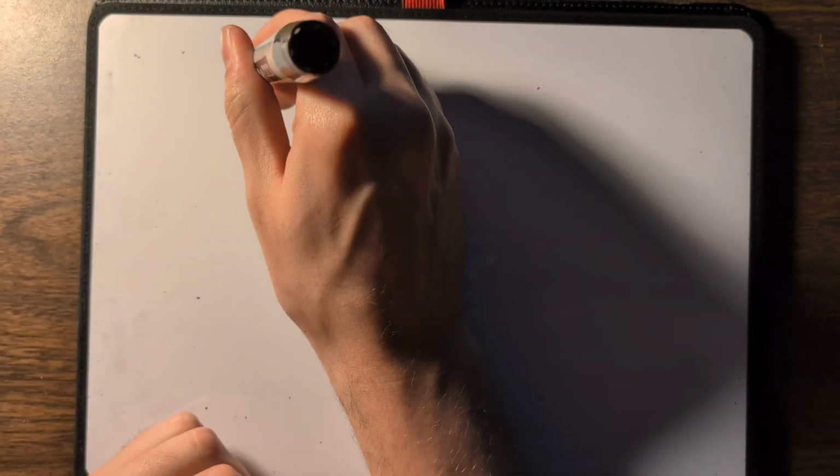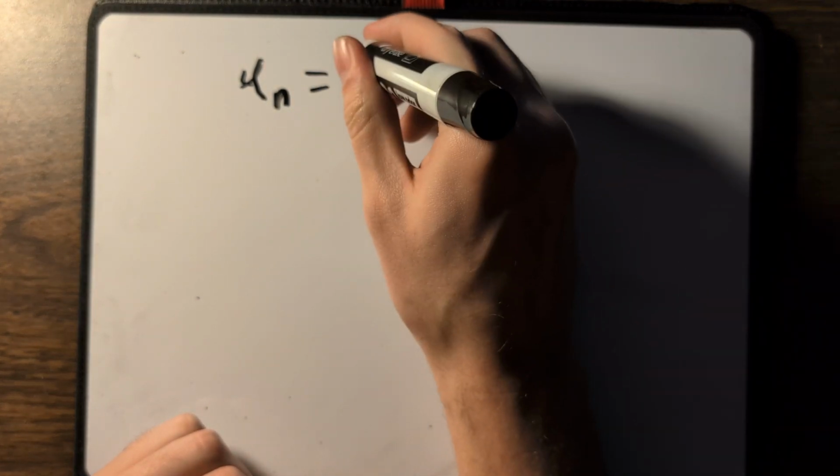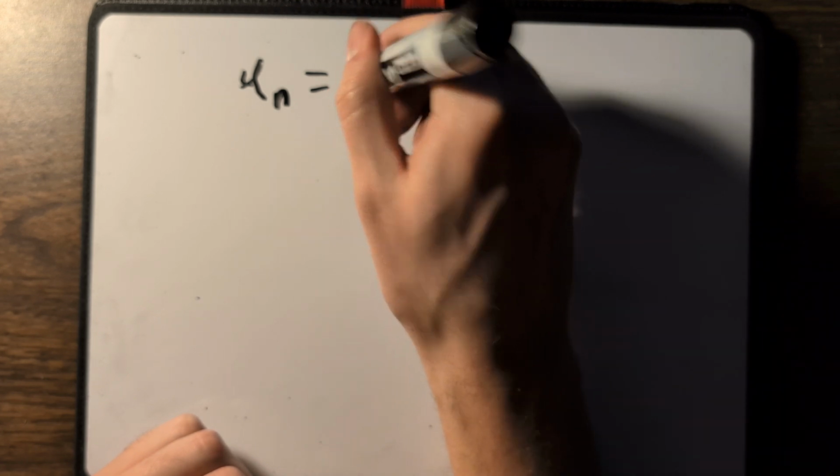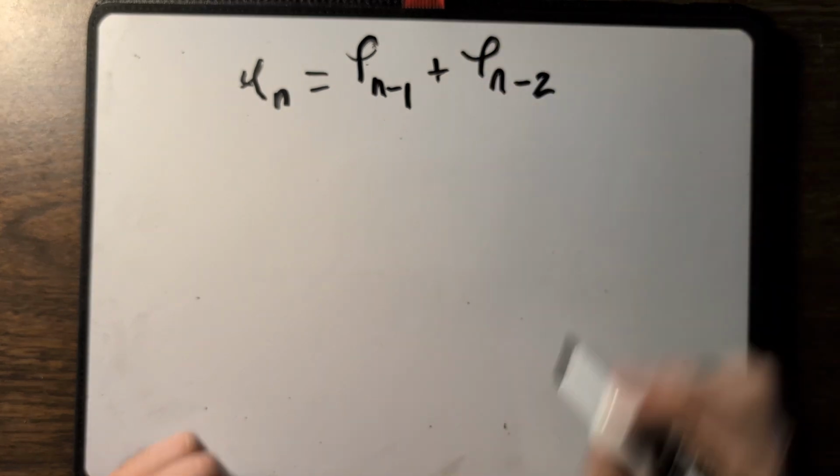As a last point to this video, I will also admit that there is a mistake in the first Fibonacci sequence video. If you spotted it, kudos to you. I claimed that the golden ratio numbers follow the pattern of the Fibonacci sequence by changing the initial b value. Well, that would imply that phi n equals phi n minus 1 plus phi n minus 2.